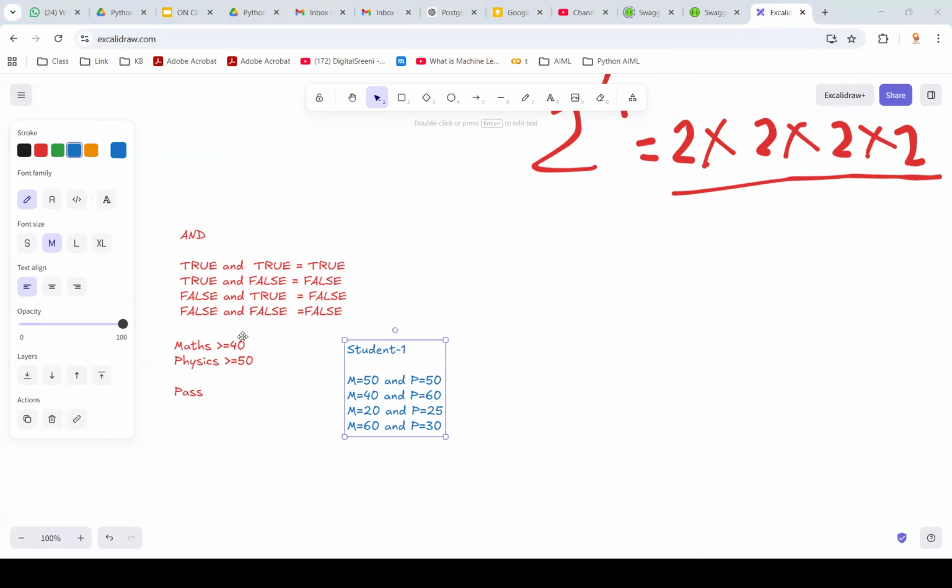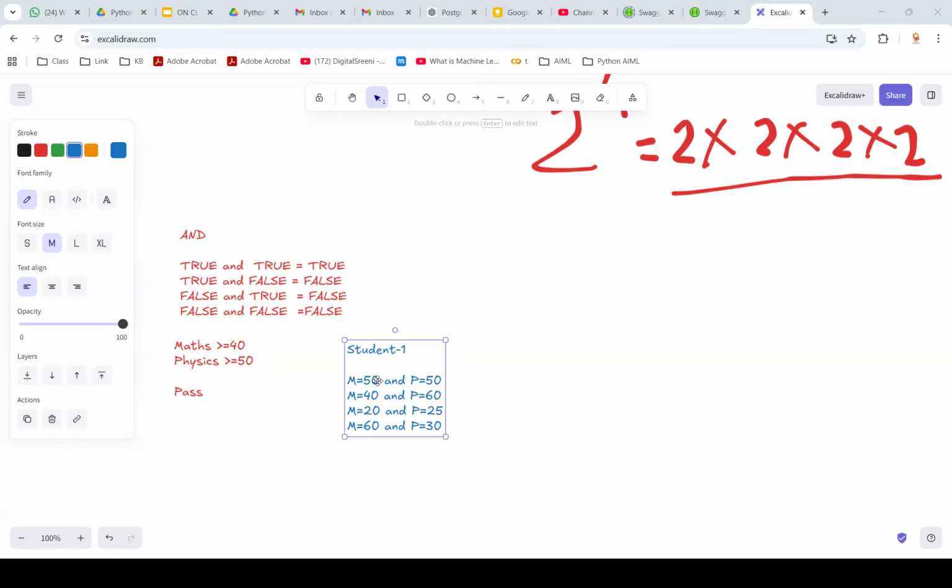So now based on this logic, when will this guy pass, we already know, correct? When will this guy pass? If he gets greater than or equal to 40 marks in mathematics and greater than or equal to 50 in physics, then only he will pass.